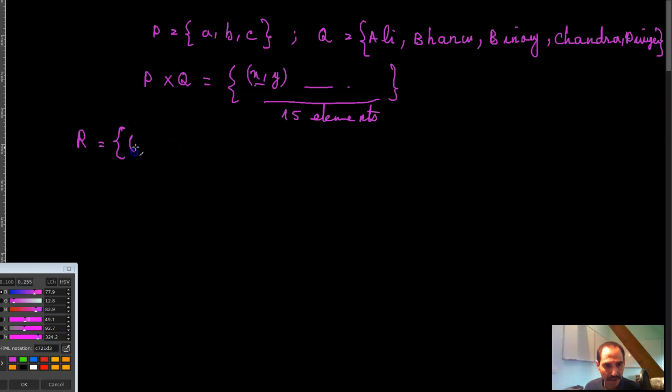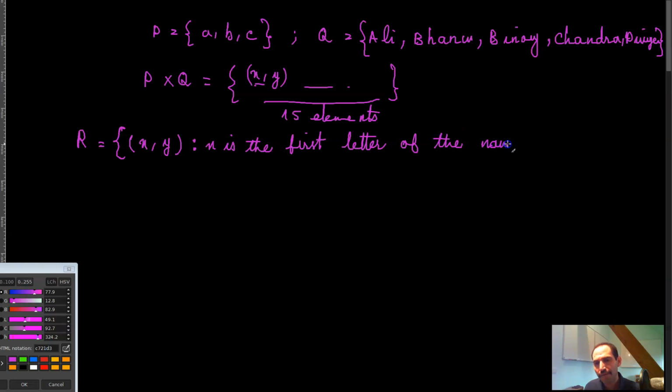Meaning that I can say that relation is going to be all the ordered pairs X and Y, such that X is the first letter of the name Y, and X belongs to the set P, and Y belongs to the set Q. That is the relation that I define here.